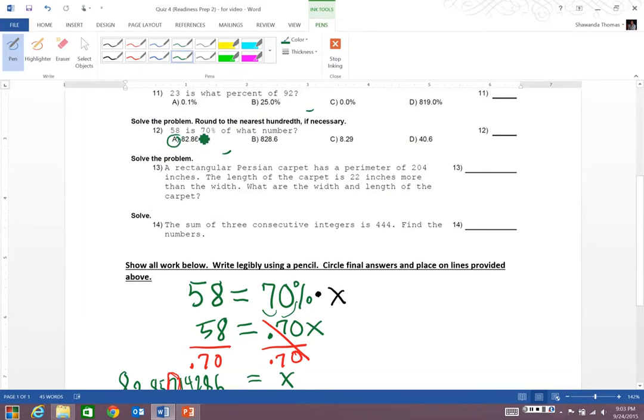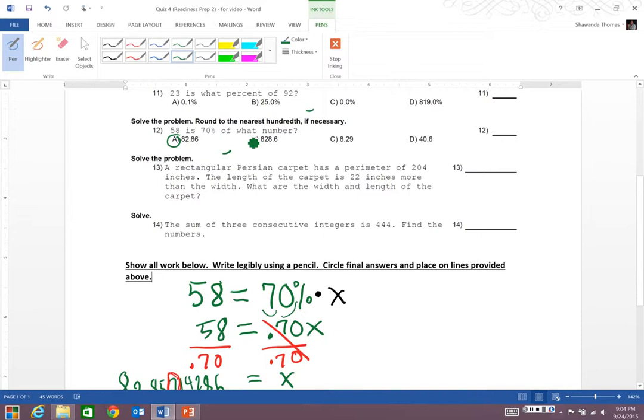58 is 70% of what number? So it looks like, since it says 70% of a number, then 58 had to be like the majority of that number. So it would make sense that 58 is 70% of 82.86. So I want you to really think about your answers and make sure your answer makes sense.